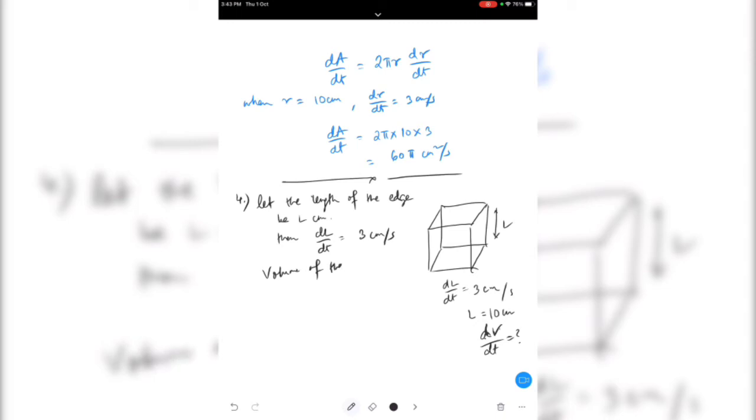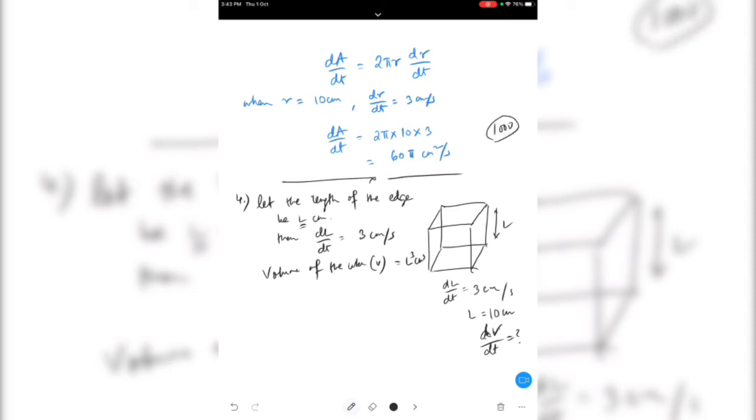Volume of the cube is L cube. I hope everybody knows volume of the cube is L cube, because L is the length of the cube, that is L centimeter. Now some of you may be asking, sir, why are you writing L cube? The volume of the cube will be 1000, right?